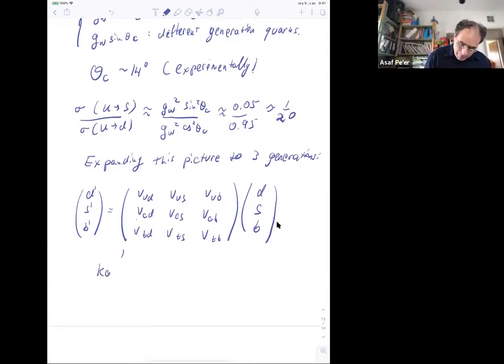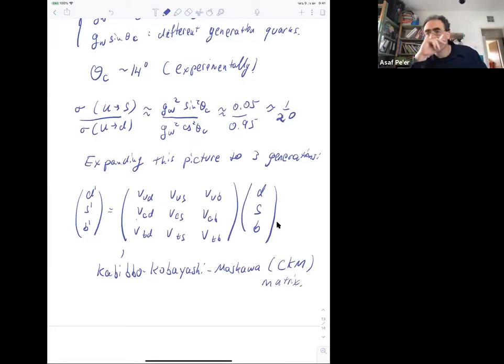The Cabibbo-Kobayashi-Maskawa, the CKM. Now it's a unitary matrix, of course. It really describes the probability of a quark of one generation to interact with the quarks of another generation.